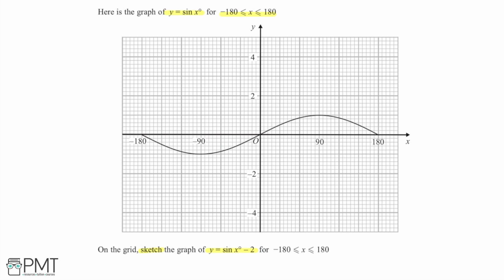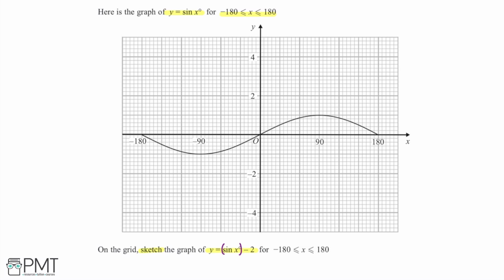Now, when we're working with graph transformations, I always start by looking at whether the transformation is going to be in the x or the y-axis. As this is written here, we could bracket this sine x off just to make it a bit easier to see, so we don't think the minus 2 is involved with the x.